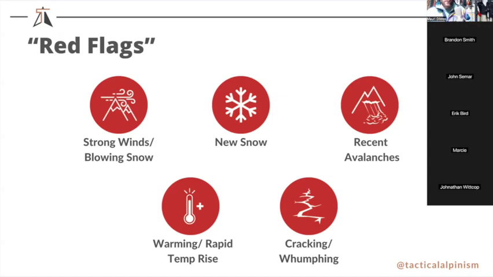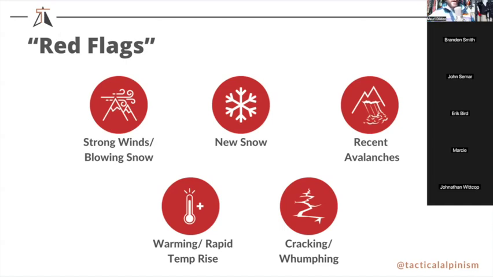Finally, we have cracking and whoomphing. This is when, as you're walking over the snow, you hear or feel a whoomph or a failure in the snow. You can see cracks shooting away from the tips of your skis. There are some really cool videos that you might see now that you've been thinking about avalanches.